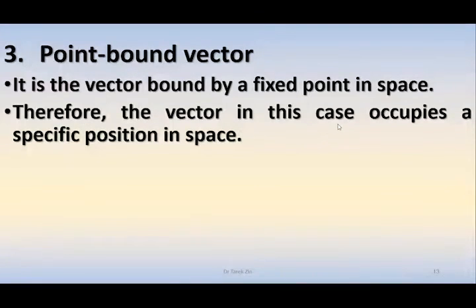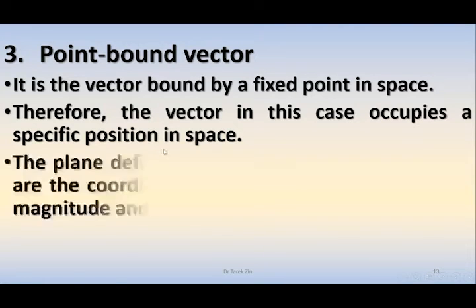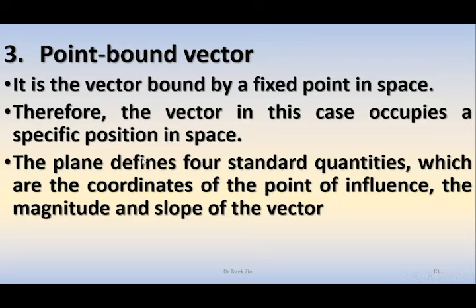Therefore these vectors always occupy a specific position in space, so we can define them by four standard quantities, which are the coordinates of that point, influenced by the magnitude and the slope of the vectors.